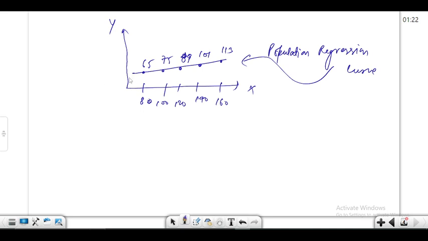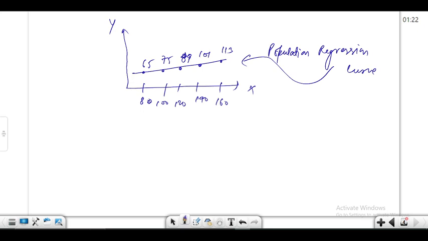It is basically the locus, or the geometric representation, of how the average value of y, your weekly family consumption, is changing if I change the value of weekly family income. Corresponding to different weekly family incomes, I have different average weekly family consumption expenditure. This is what is being regressed by this population regression function.